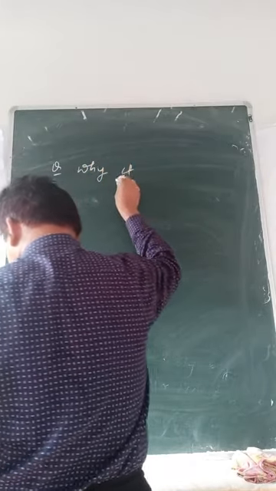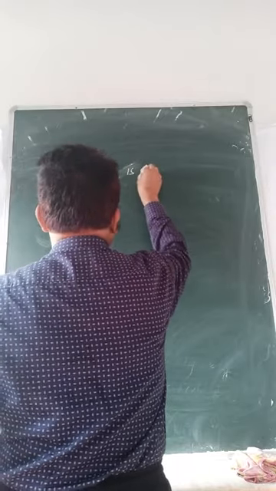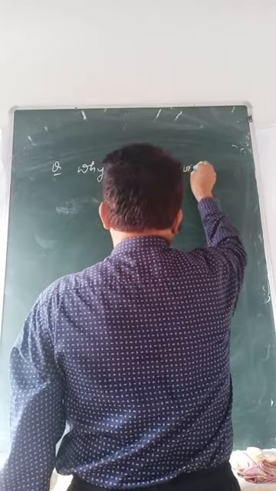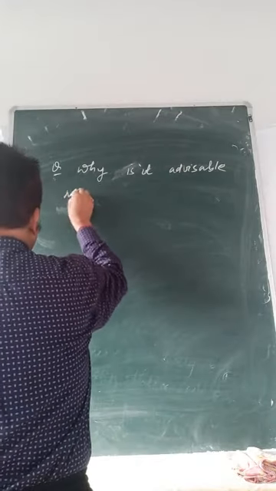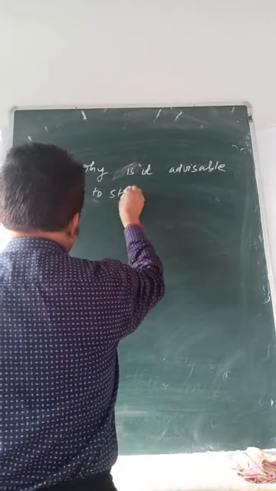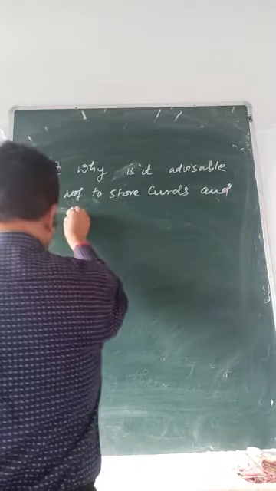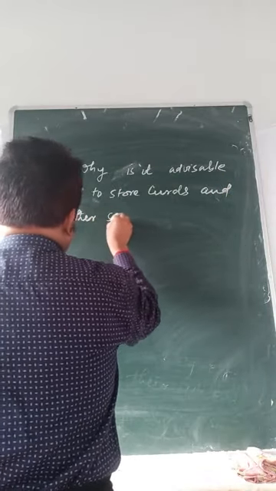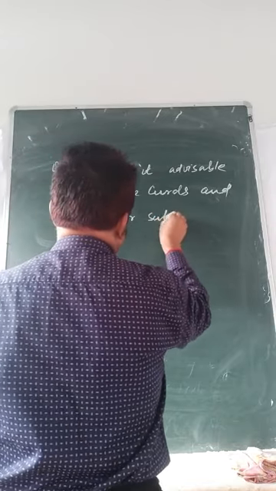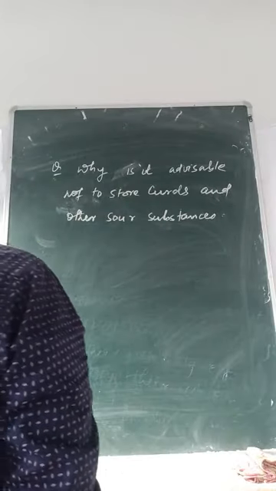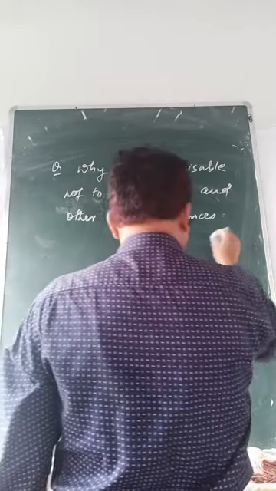Why is it advisable not to store curd and other sour substances in brass or copper vessels?